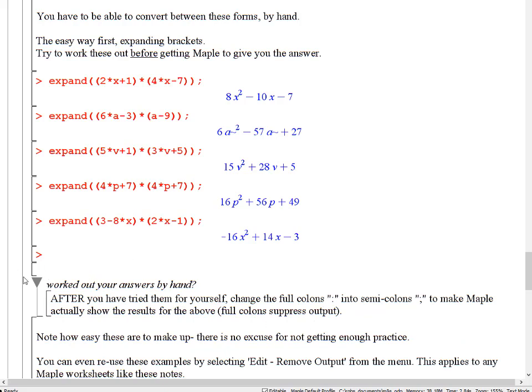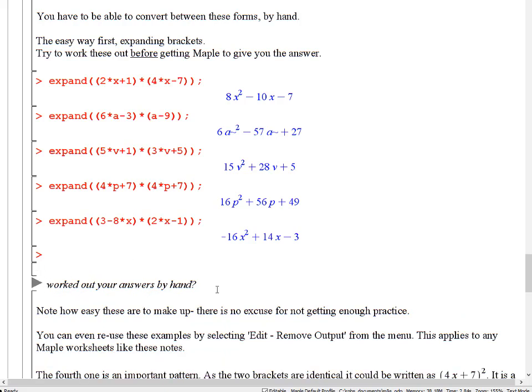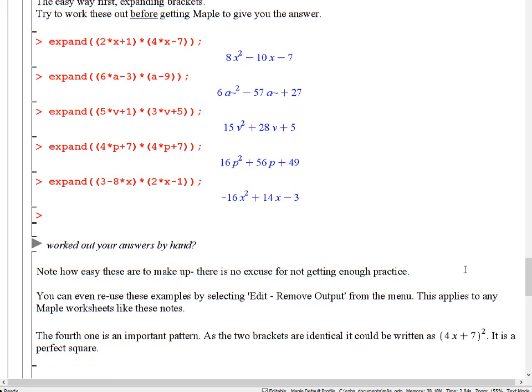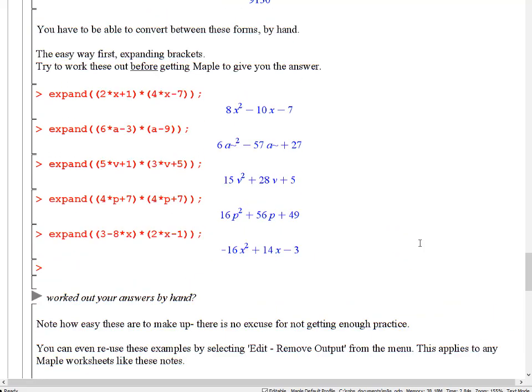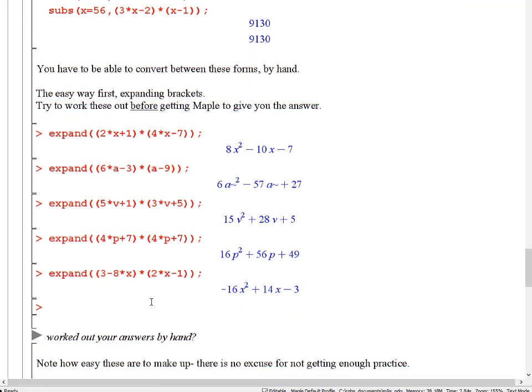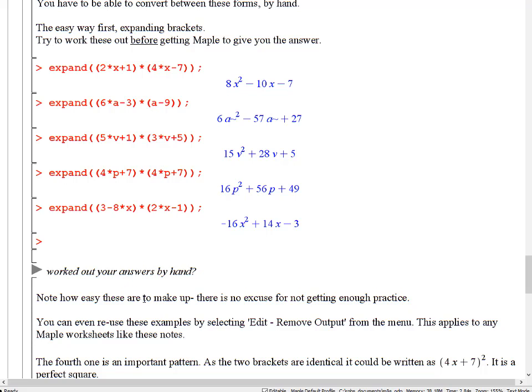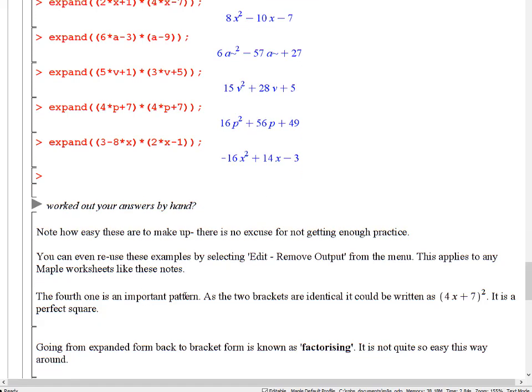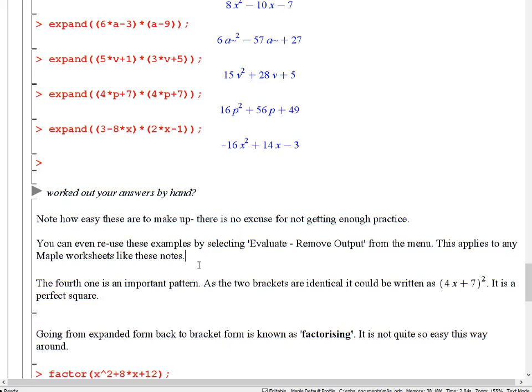That's the clue on changing the colons to semicolons. If you want more practice, it's very easy to change these equations to get as much practice as you want. Actually, edit, remove output is now on the evaluate menu in the latest version of Maple.